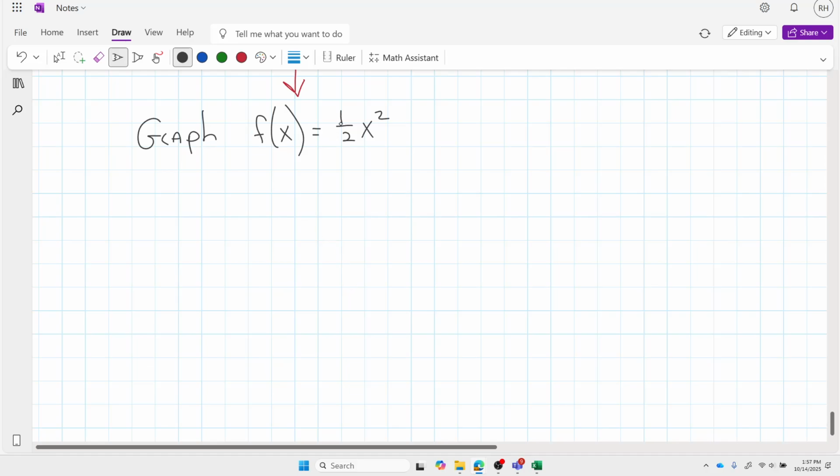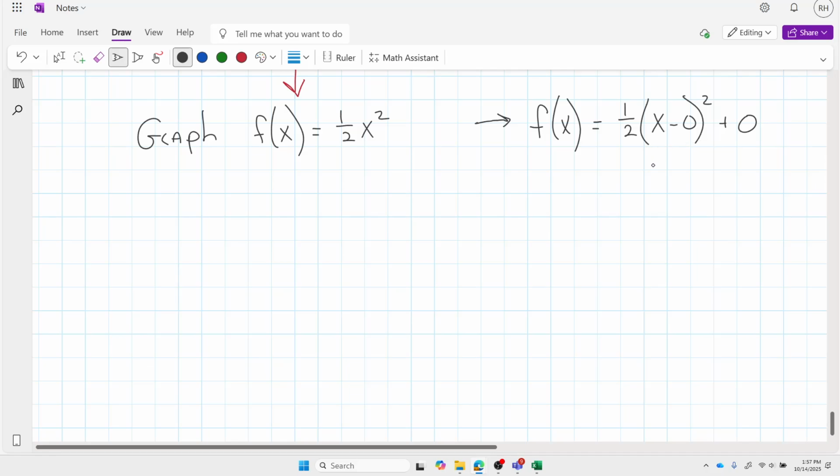And f of x equals 1/2 x squared is a simpler way of writing f of x is equal to, in this case, our a would be the 1/2, times (x minus 0) squared plus 0. Written in vertex form, f of x equals 1/2 times (x minus 0) squared plus 0.